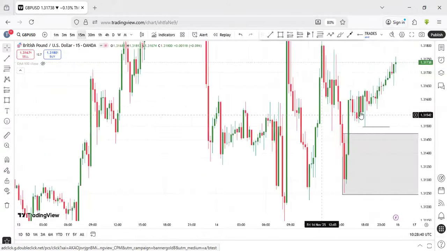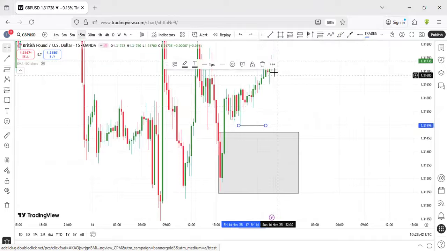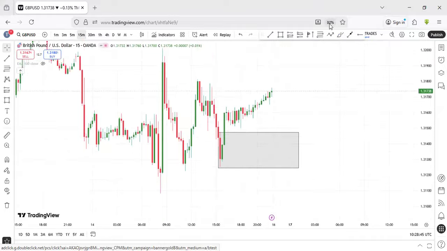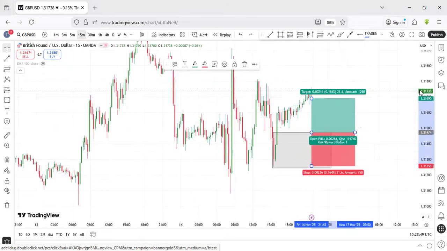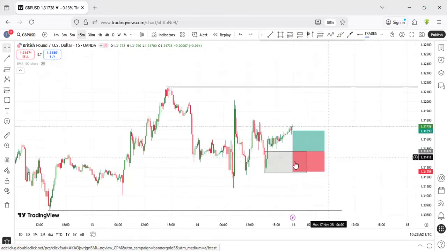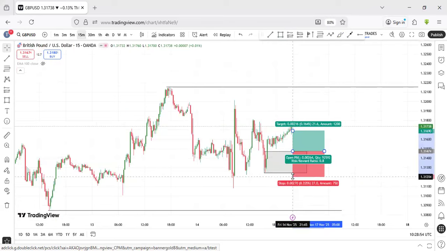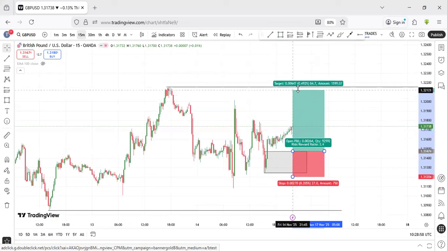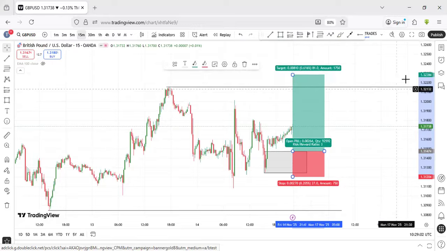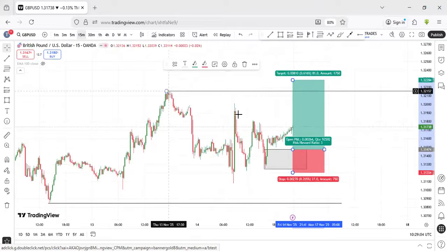So for me, I'll be looking for that entry at this particular place. So this is the first place I'm looking for that entry. My stop loss is below here, and my take profit, at 3 to 1 risk reward, is more than okay, just slightly above this high.